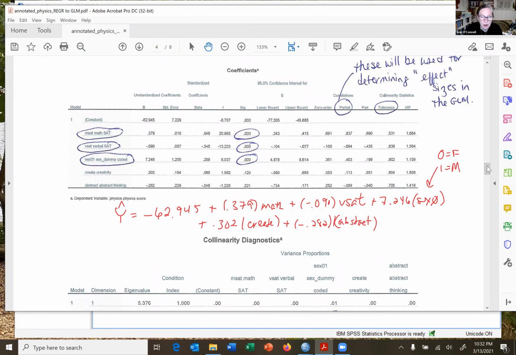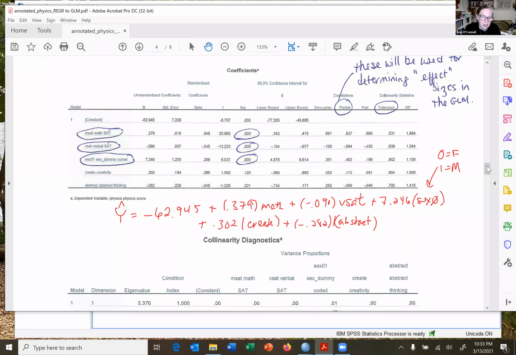Verbal SAT also has a negative effect. So as verbal SAT increases by 1 unit, physics scores are predicted to go down by 0.09 points. Math SAT, however, has a positive coefficient. So as math SAT scores increase by 1 unit, the physics prediction goes up by 0.379 points.